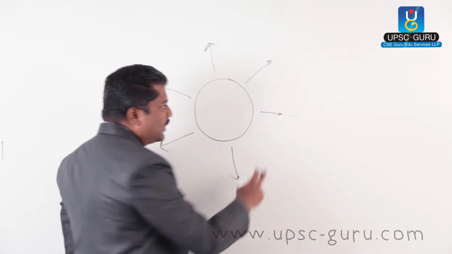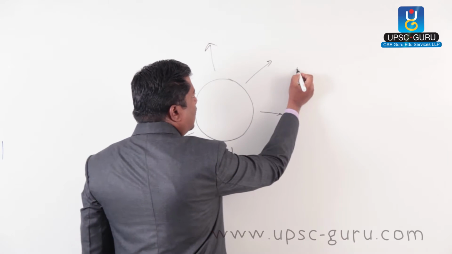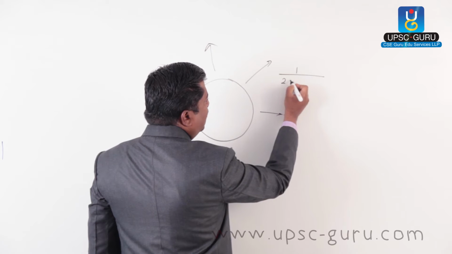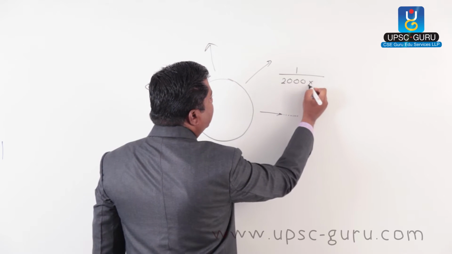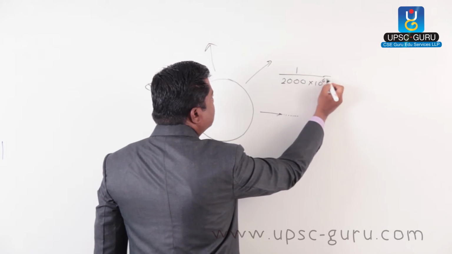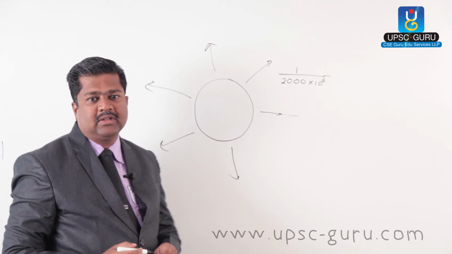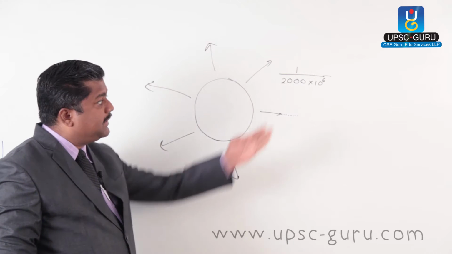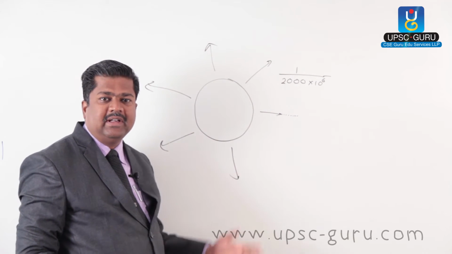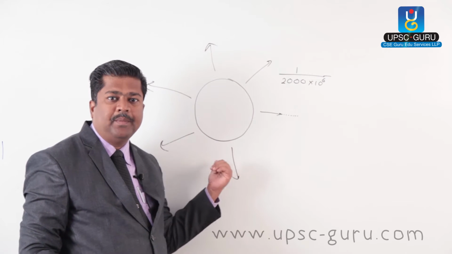The energy received from Sun by Earth is 1 upon 2000 million. Million means into 10 raised to 6. So this much of energy is received by Earth from Sun.